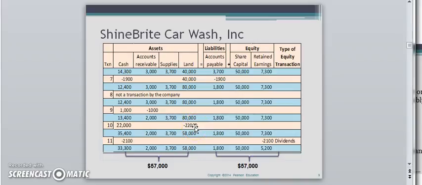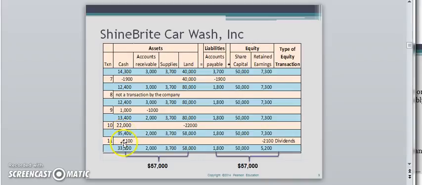Land has fallen by 22,000, and the cash has gone up 22,000. Okay, so it looked like maybe they sold a parcel of the land, so they subdivided the land and sold part of it. So therefore, the land that's still retained in the company that you own is now the value of 58,000, and the cash has increased.